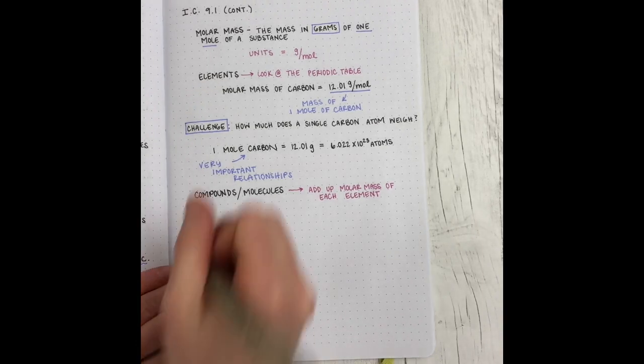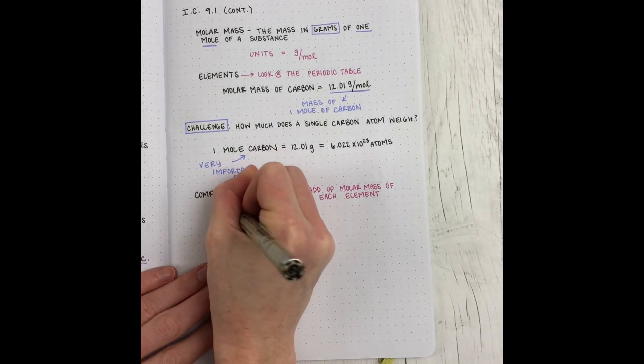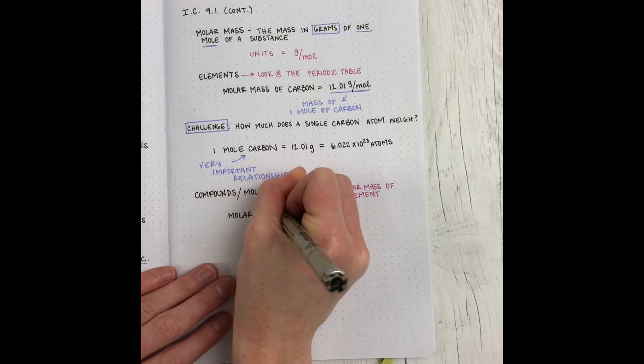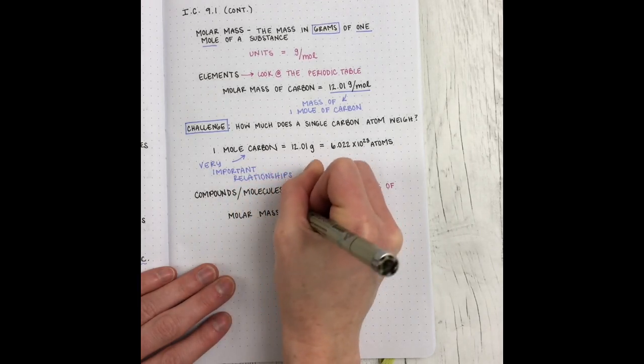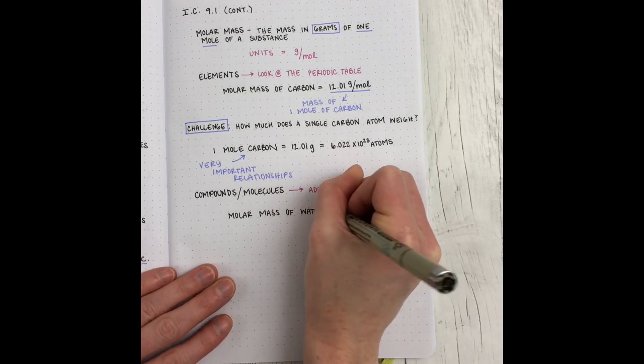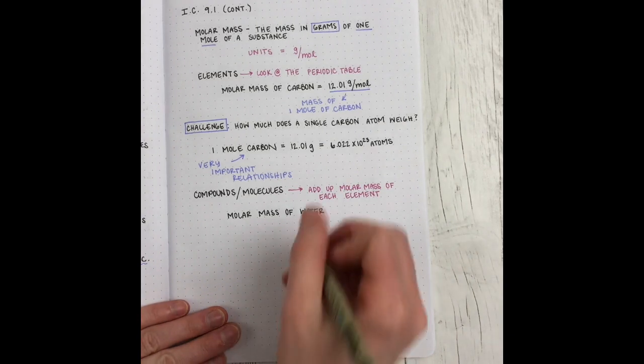So if we were going to calculate the molar mass of water, H2O, water has 2 hydrogen atoms and 1 oxygen atom.